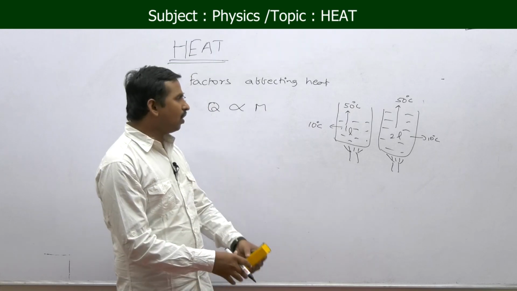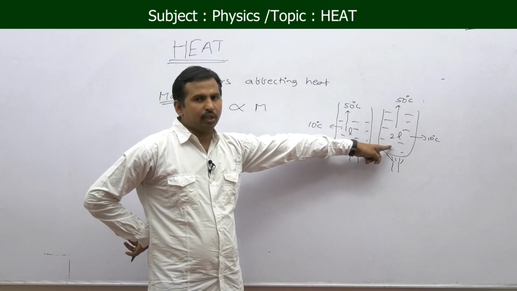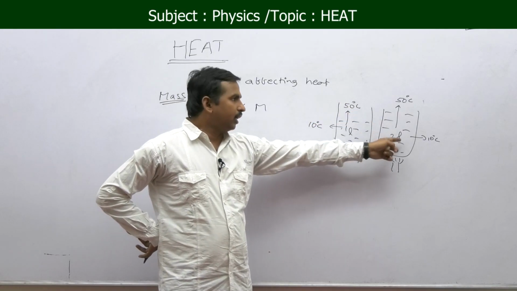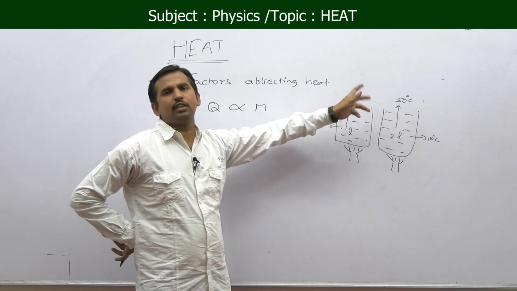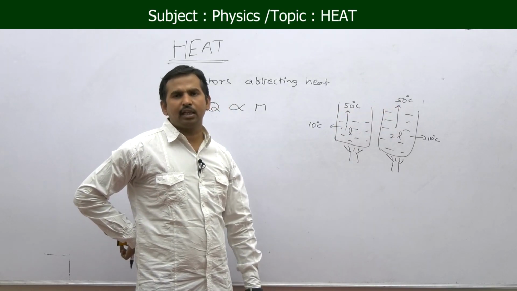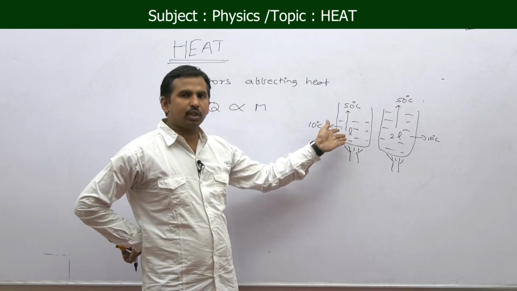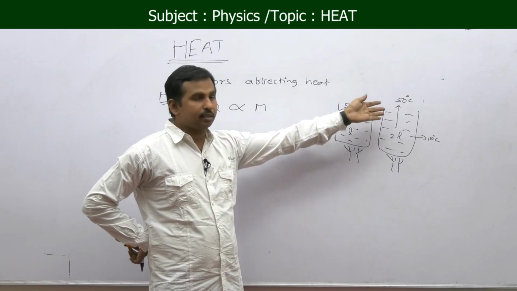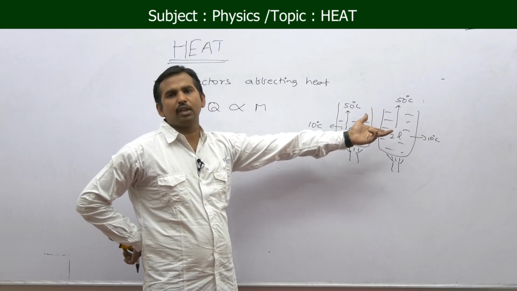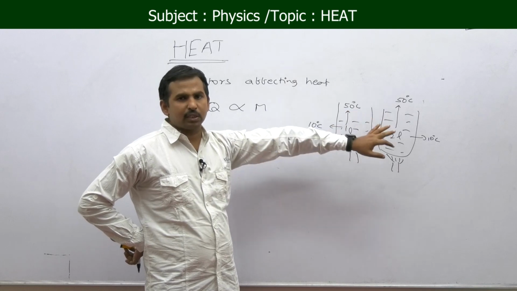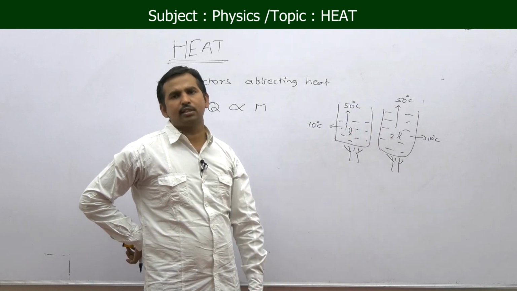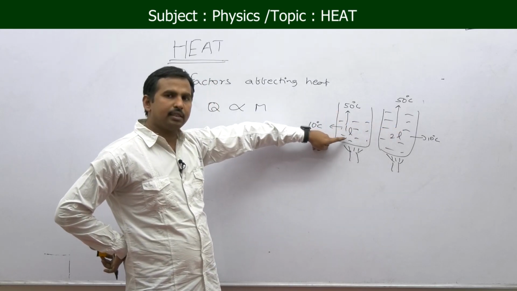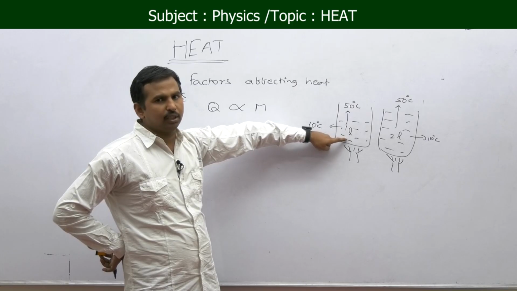This depends on the quantity, because the rise in temperature, 40 degrees, depends on the kinetic energy of the molecules. With 1 liter we have fewer molecules, whereas 2 liters has double the number of molecules. So as each molecule has to increase its kinetic energy, it takes more heat energy here and less heat energy there.